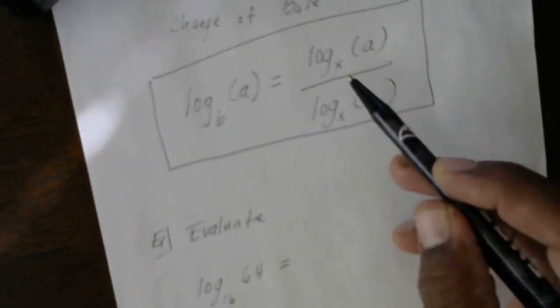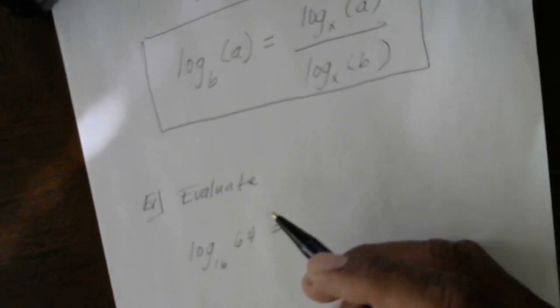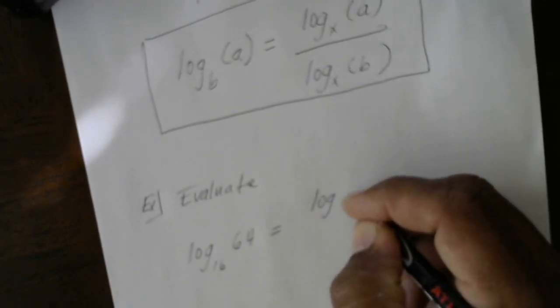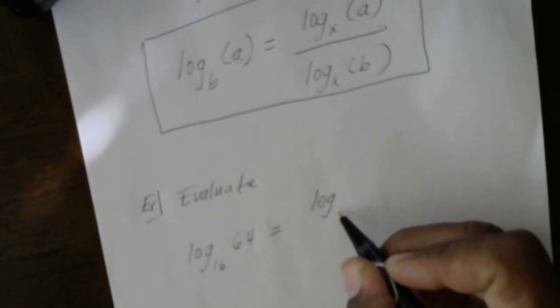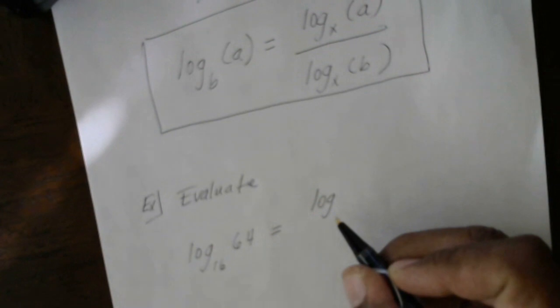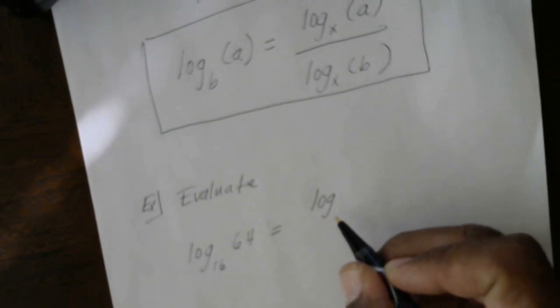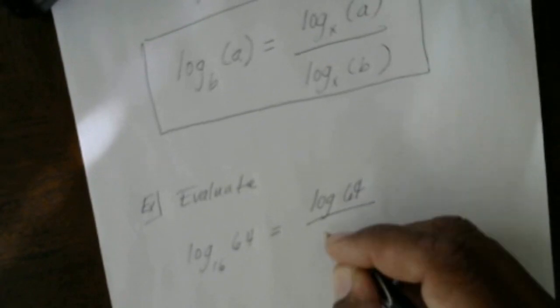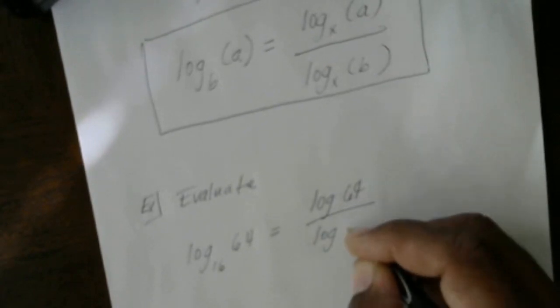So using our change of base formula, I can rewrite this as the log, and I'm going to use a base 10, so I'm not actually going to write a base. It should be understood to be 10. I'm going to write this as the log of 64 divided by the log of 16.